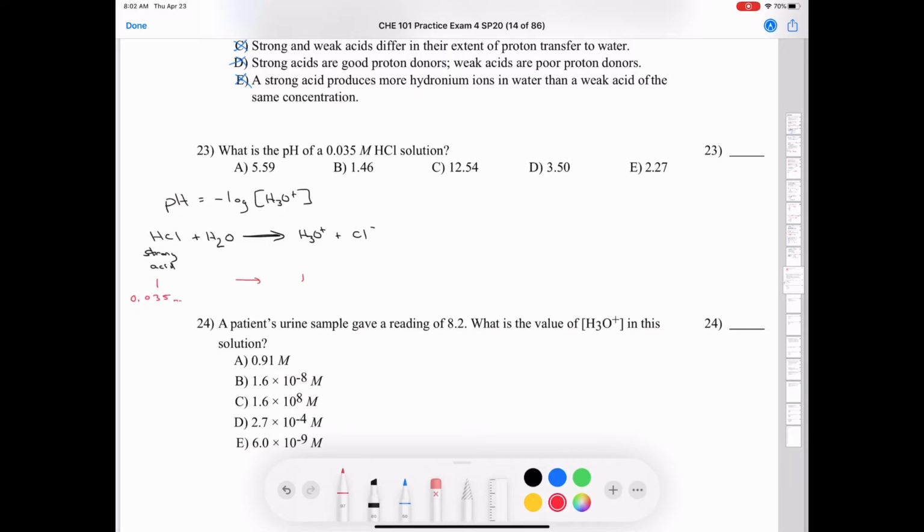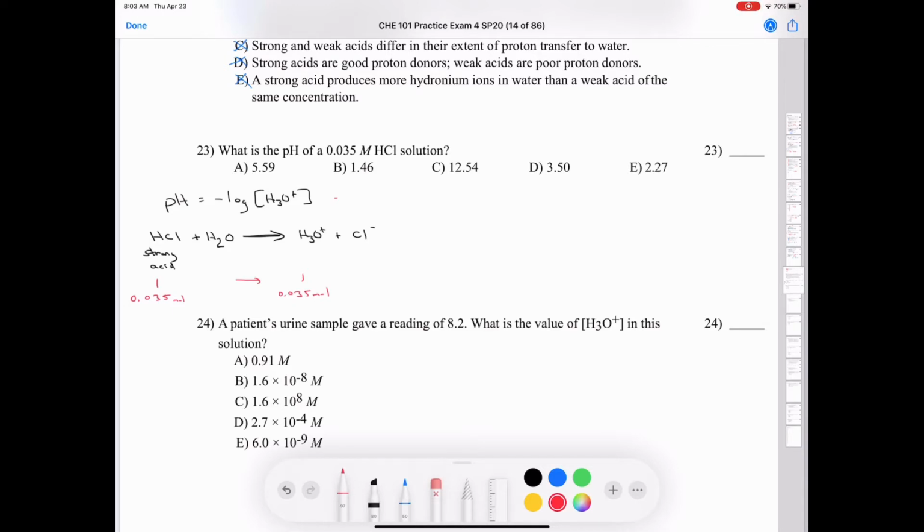If I start with 0.035 moles of HCl, I'm going to have 0.035 moles of my hydronium. And we can assume a 1 liter solution, so that means that the concentration of our hydronium is also going to be 0.035 molar.